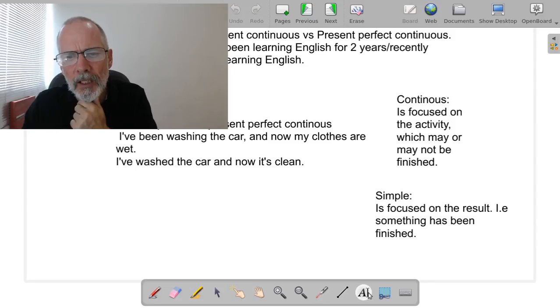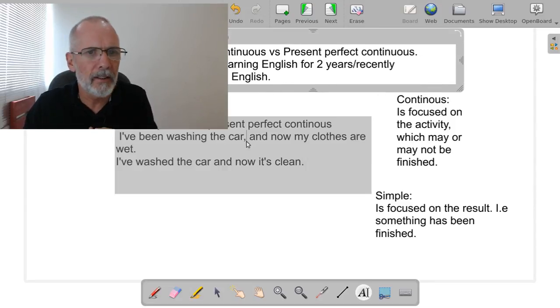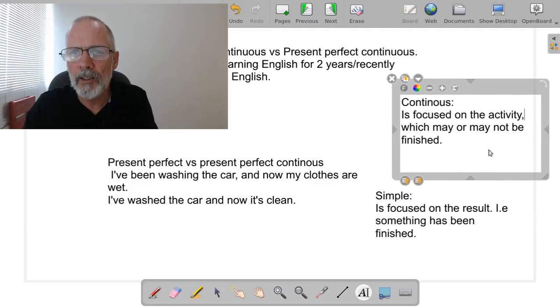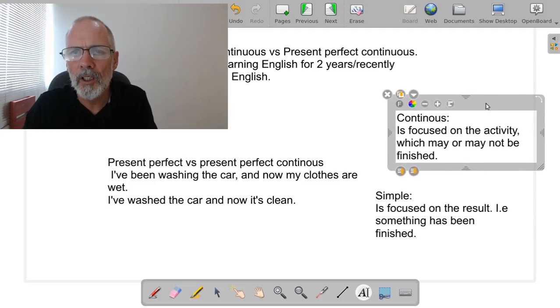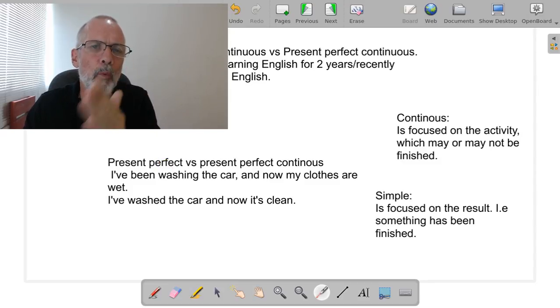So in the previous class and in level A2, sorry, this is level B1, this is intermediate level. But if you followed my level A2 course, we saw in level A1 the present continuous.